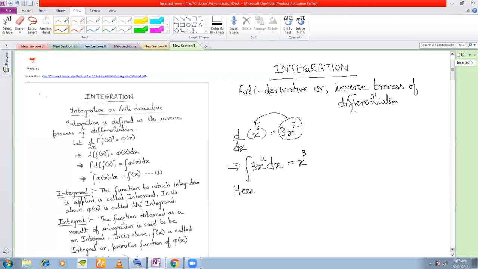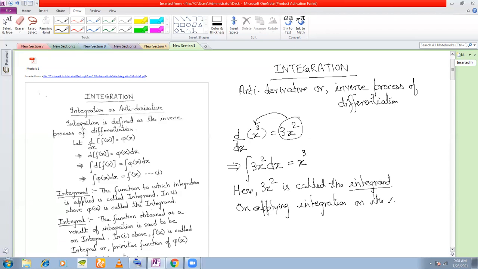So here 3x square, which we are applying the integration on, is called the integrand. Now, on applying integration on the integrand, we get what is called the integral.